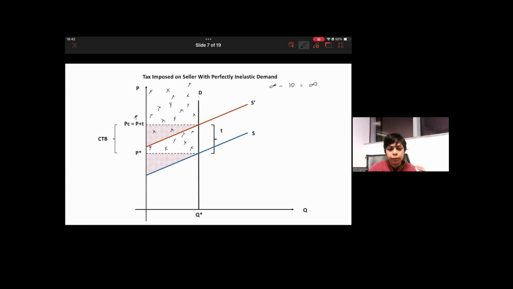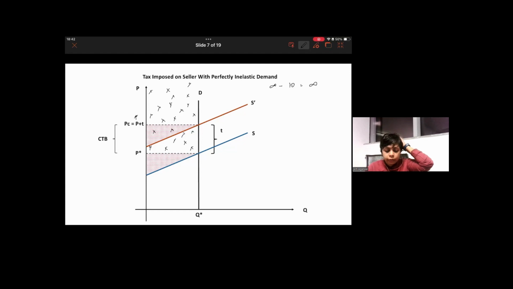So if your demand is inelastic, it means that you are willing to pay, technically, mathematically speaking, an infinite amount of money for that good, right? It may be something like 10 lakhs, but for mathematical purposes, you would treat it as infinite.